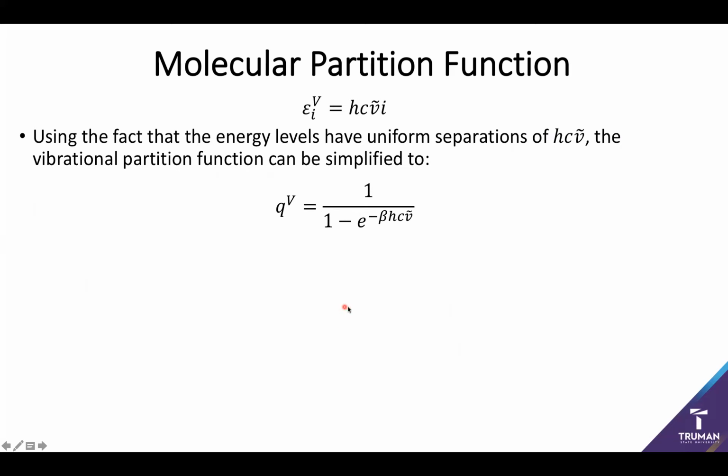However, one of the things worth noting is that because we have uniform separation between the vibrational levels, it's possible to simplify our vibrational partition function from a simple sum to the form of 1 over 1 minus e to the negative beta times the separation of our energy levels, using another trick of linear expansions.